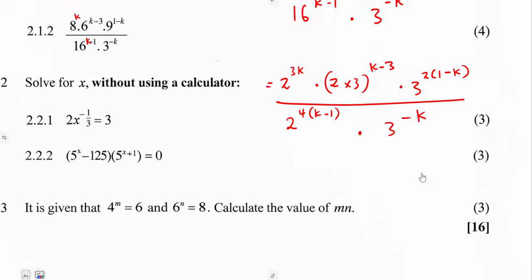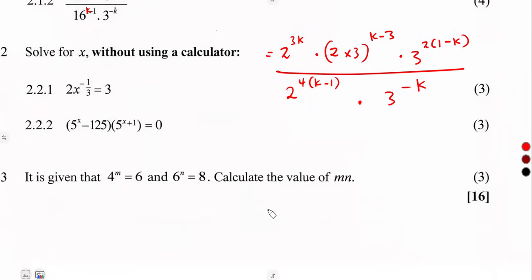All right, so what we can do here, guys, is use the laws where applicable. 2 to the exponent of 3k, I'm just going to rewrite as it is. But on this part, we can use the law that ab to the exponent of n can be raised to the exponent of n, a to the exponent of n times b to the exponent of n.